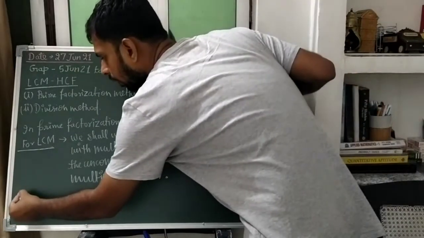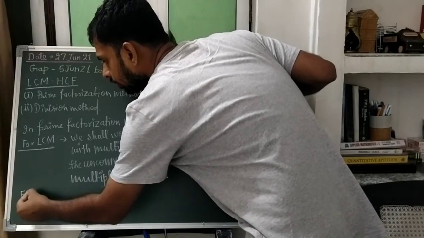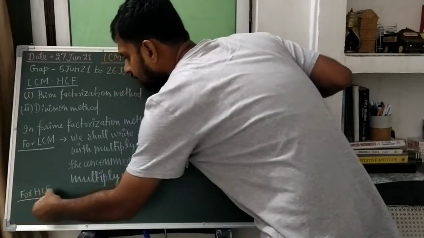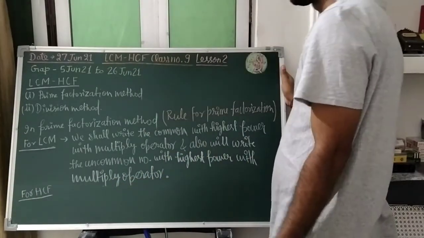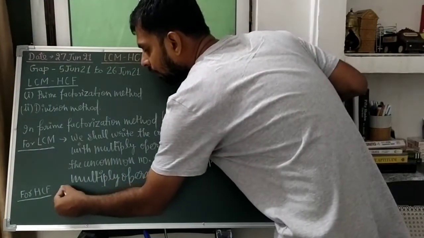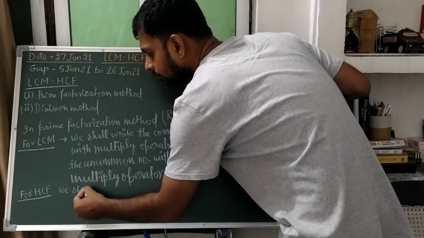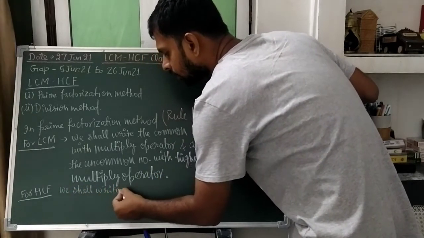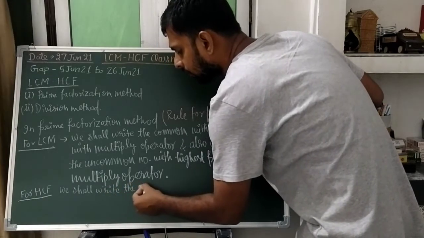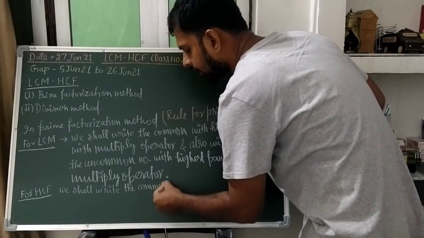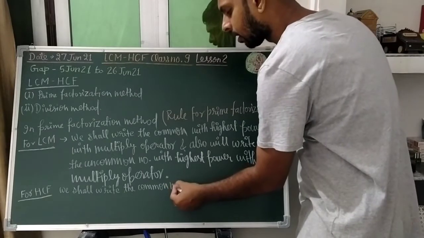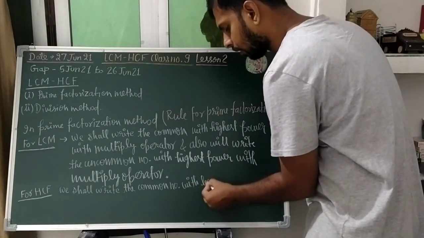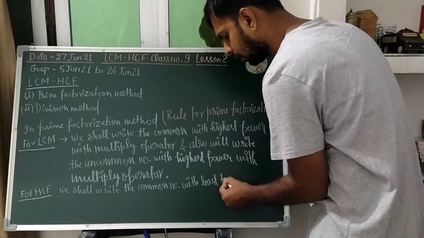And students, for HCF, the rule will be: we shall write the common number with least power, isn't it, students?